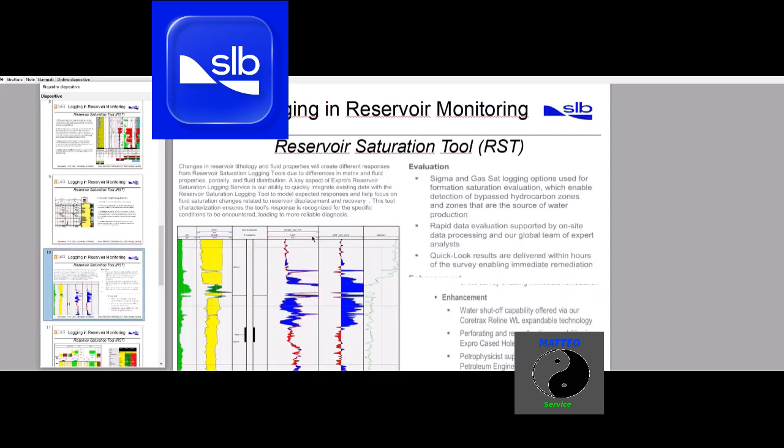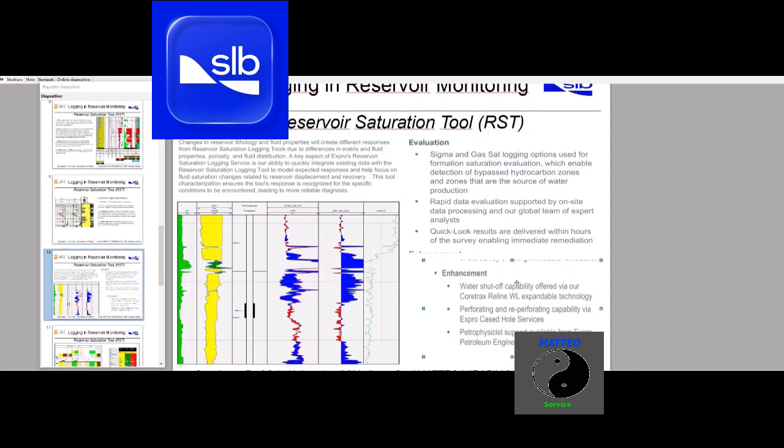So we have an evaluation, for example, for sigma and gas saturation logging options used for formation saturation, with rapid data evaluation supported by on-site data processing and your global teams.